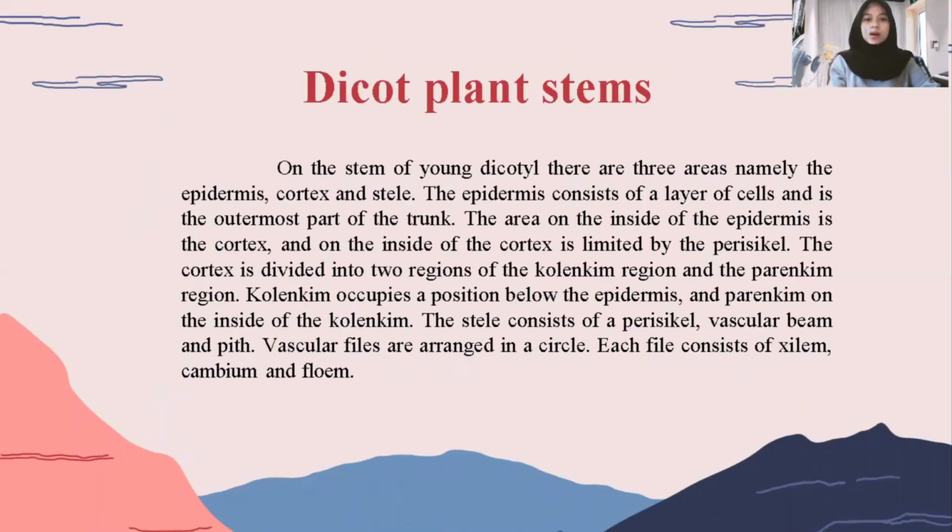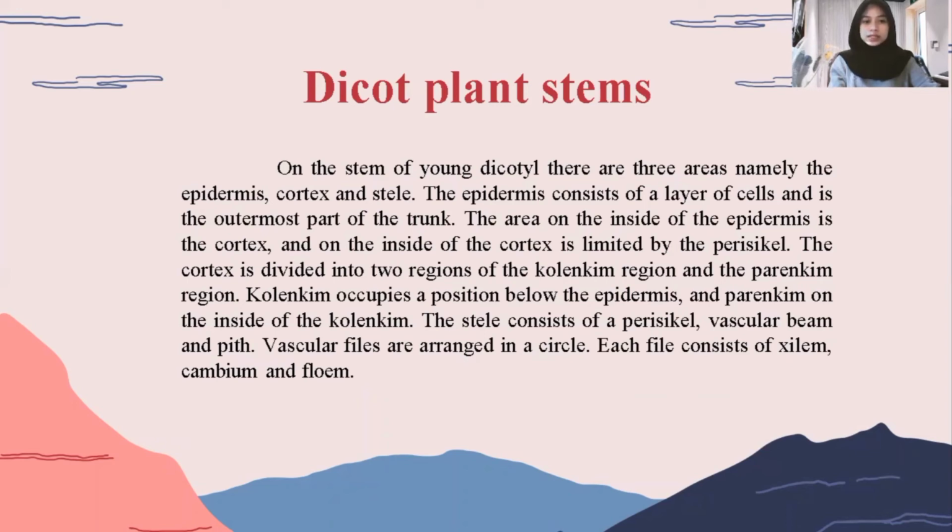Dicot plant stem. On the stem of young dicots, there are three areas, namely the epidermis, cortex, and stela. The epidermis consists of a layer of cells and is the outermost part of the trunk. The area on the inside of the epidermis is the cortex, limited on the inside by the endodermis.